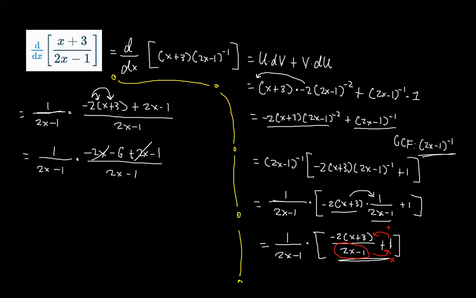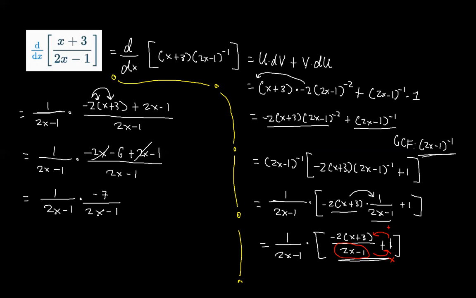So this would be cancelled out. Next, we have negative 6 minus 1. These two are similar because they are constant terms, hence we will have negative 7. So as a result, we have 1 over 2x minus 1 times negative 7 all over 2x minus 1.